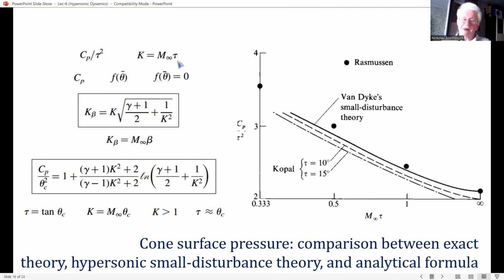And this now becomes much more than just an academic exercise, because a closed form analytic result for our Cp for hypersonic flow over cones allows some very practical engineering calculations. For example, the tangent cone method discussed in our lecture number 3 becomes even simpler and more useful if we have a formula for our Cp on a cone, rather than constantly having to look up values in the Kopal table.